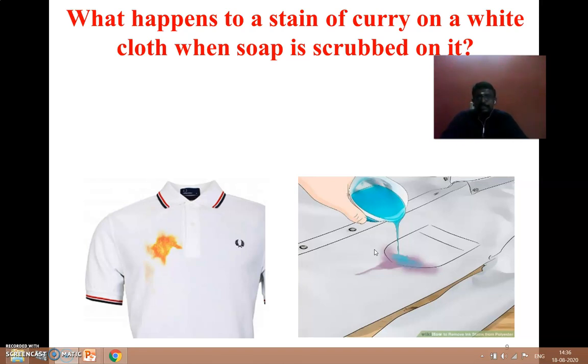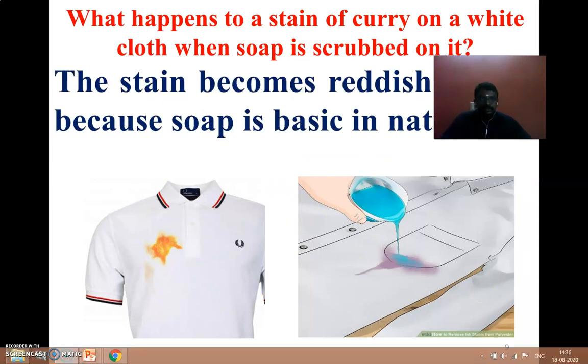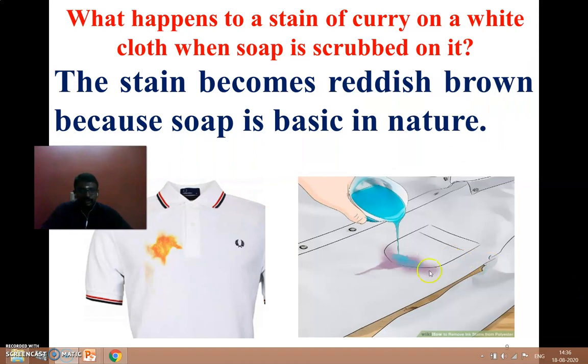So when we add the base on the stain, the stain will become reddish brown, because soap is basic in nature. That's why the stain became reddish brown in color.